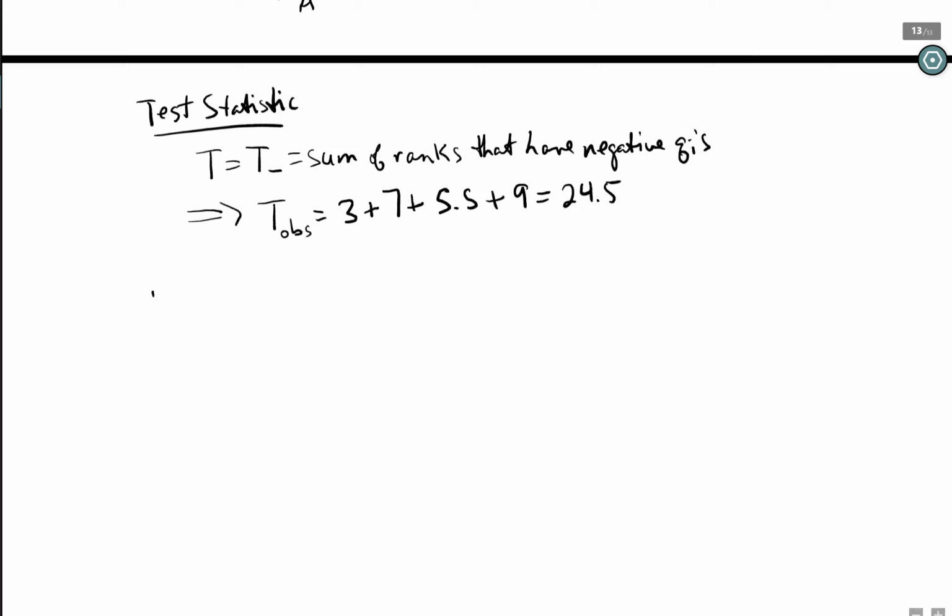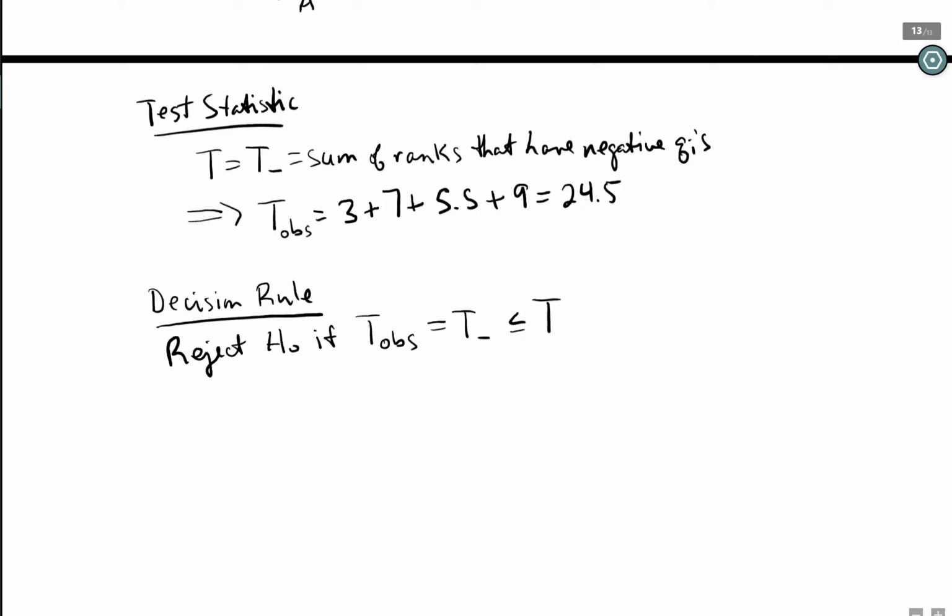Just to be complete, we're going to reject H0 if T observed, which in this case is the T minus, is less than or equal to TL, which for this problem is 13. You get this from Table 6. That's a function of the sample size and also the significance level for the Wilcoxon sign rank test.